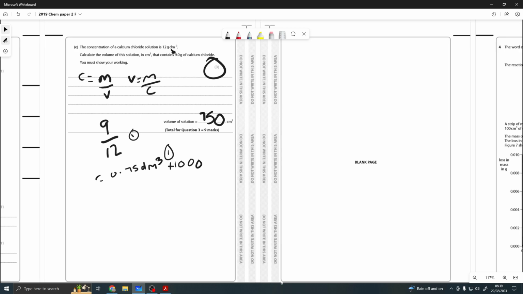This is why it's 3 marks, guys. Now, please note, you get 2 marks for this. 1 for that, 1 for this. And to turn it into centimeters cubed, you just times that by 1,000 to get our final answer of 750. Okay, cheeky 3rd mark there.